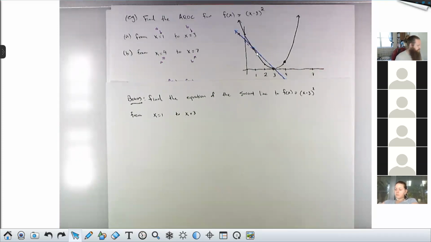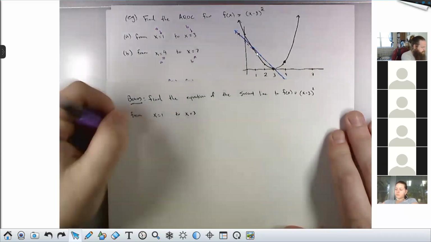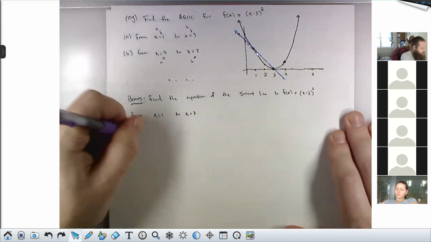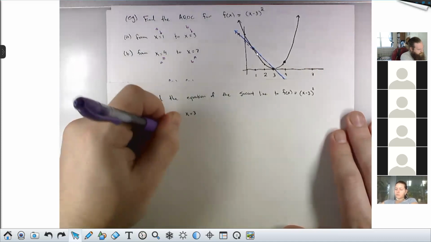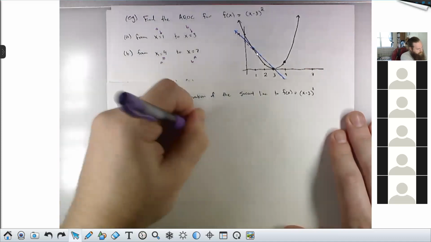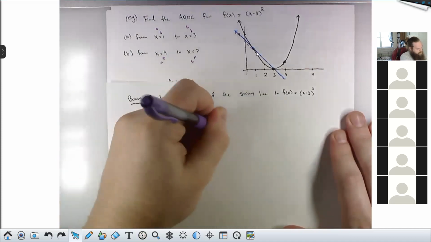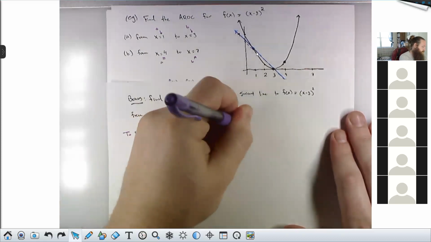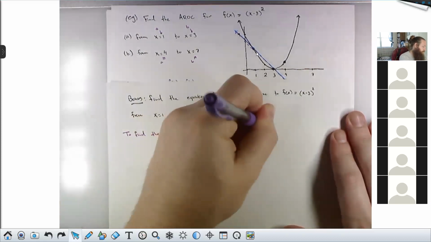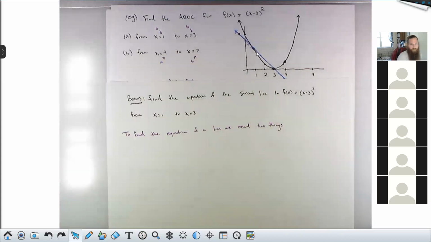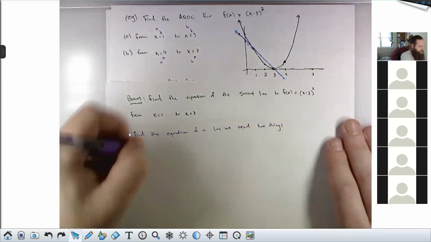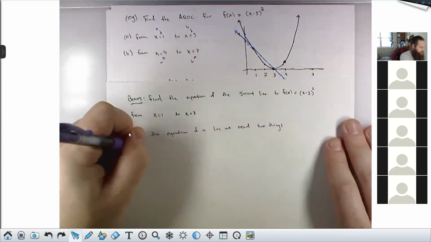What two things do I need to find the equation of a line? What are those two things? Slope and intercept. Slope is definitely correct. I need the slope.